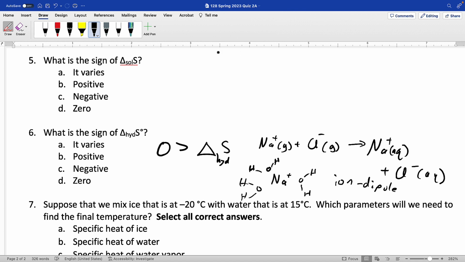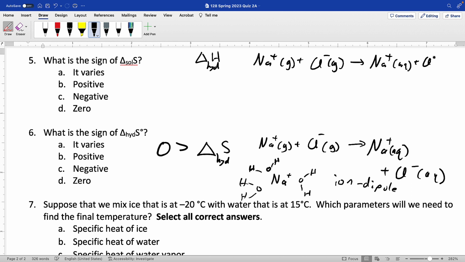If we take the delta H of hydration reaction, I'll just rewrite that. There's no easy way to copy it. So if you write the hydration reaction, the ions in the gas phase going down to form ions in the aqueous phase, and we combine it with the lattice.